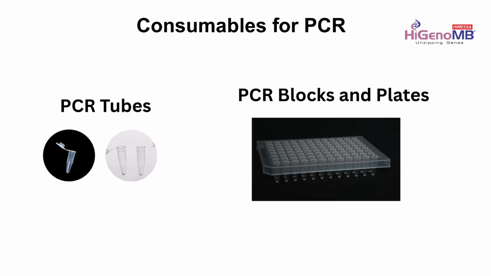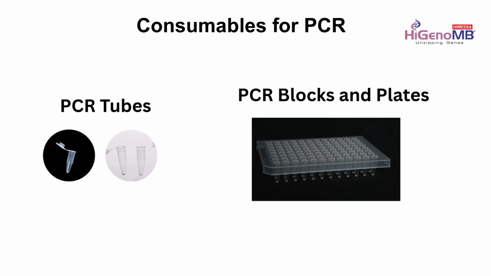To set up the PCR in the lab, we need some plasticware. So what are those? These are the PCR tubes. This is a 100 microliter or 0.1 ml PCR tube. This is a 200 microliter PCR tube. If you have a limited number of reactions, then you can use PCR tubes.